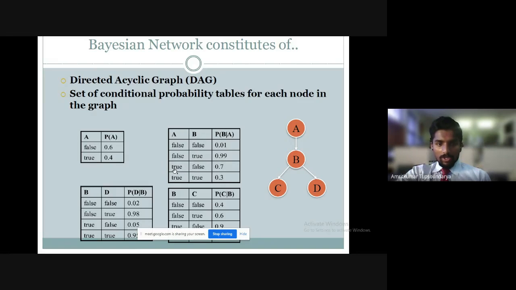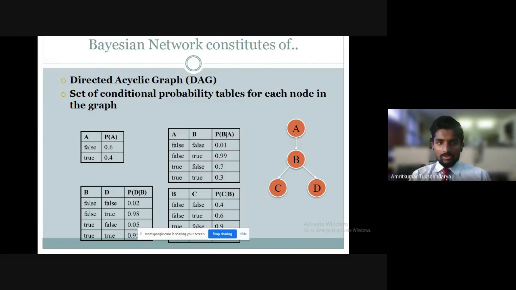The probability of A being true and B being false is 0.07. The probability of A being true and B being true, both being true, is 0.03. So that is the overall probability you can say just for two nodes, A and B. Similarly for B and C, B and D and so on. So you can go on constructing these probability tables, that is conditional probability.